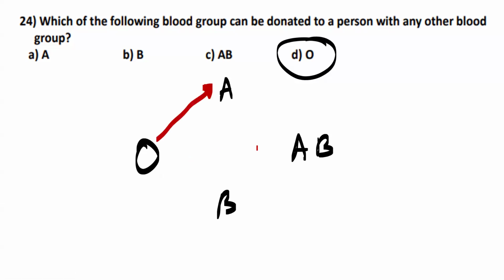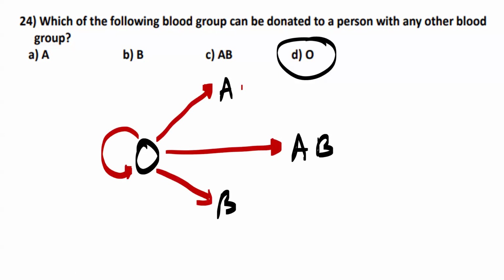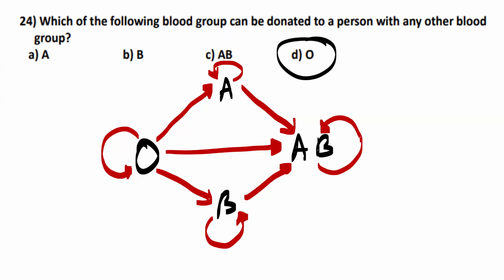O can give to A, O can give to AB, O can give to B, O can give to itself also. A can give to AB, A can give to itself. B can give to AB, B can give to its own self. AB can get from everyone, but give only to another AB person.